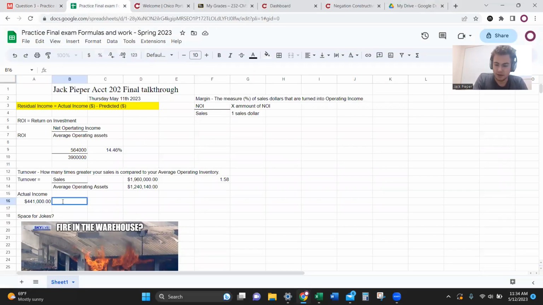Minus the required rate of return dollar amount of 37,2042. Okay, so what residual income is showing us is how many more dollars did we sell above our rate of return?